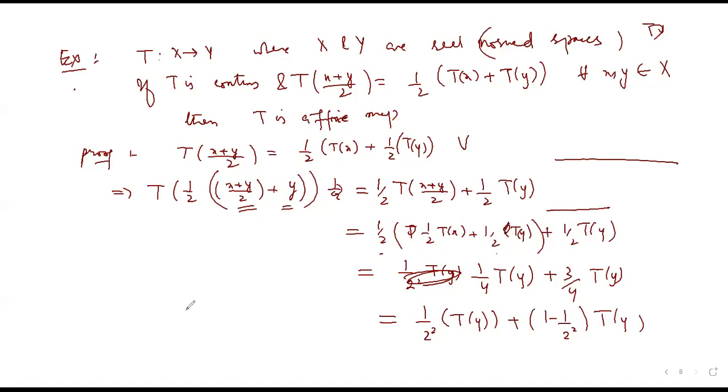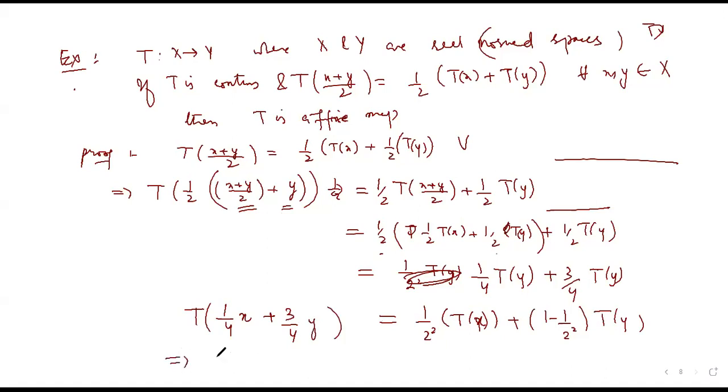So I can write here T of, अगर मैं यहाँ पे वैसा ही करूँ मल्टीप्लाई करूँ अंदर, तो ये बन जाएगा again 1 by 4 of x, sorry यहाँ x 1 by 4 of x plus 3 by 4 of y is equal to this thing.